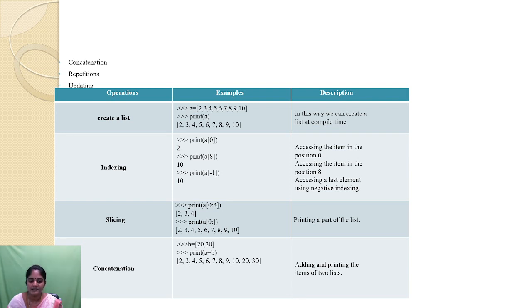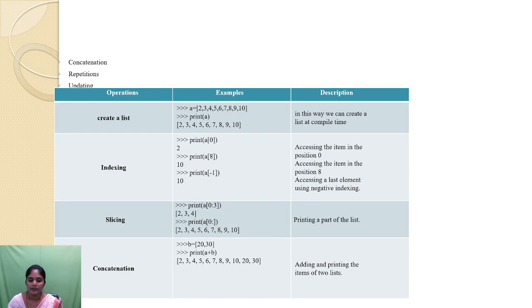The element present at position 8 in the A variable is 10. Next one, A of -1, is a negative index, which starts from right to left. Right to left, the last value is 10, so print A of -1 produces that value.